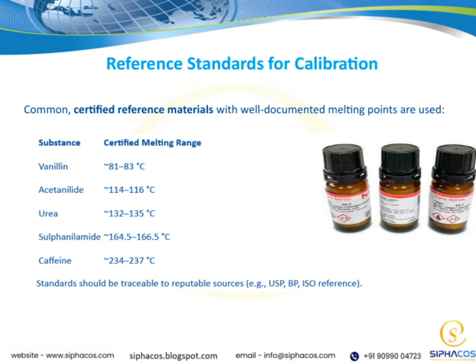It's important to choose standards that are certified because this certification guarantees their reliability. By referencing these standards, we can verify that our instruments are performing correctly and maintain quality control in our analyses. Overall, using certified reference materials is a fundamental part of ensuring our melting point determinations are trustworthy and reproducible.